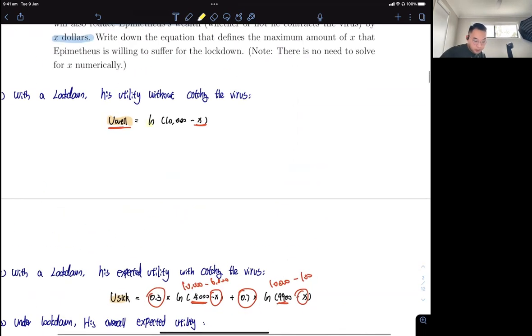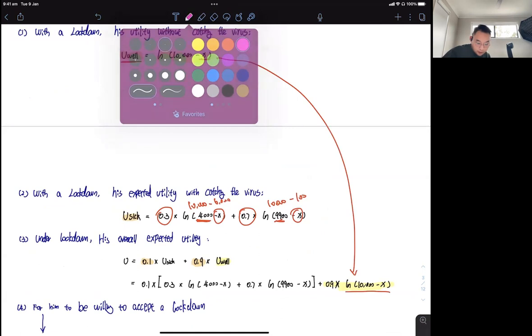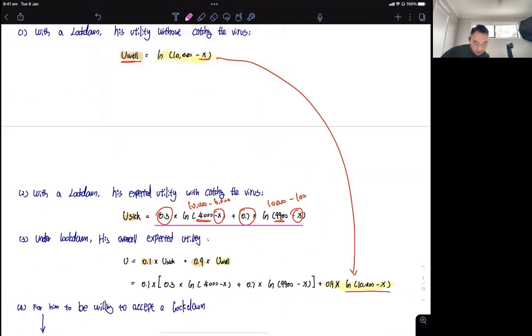We have calculated U_WELL over here, so we just plug that term in here, and similarly we plug U_SICK into this function.